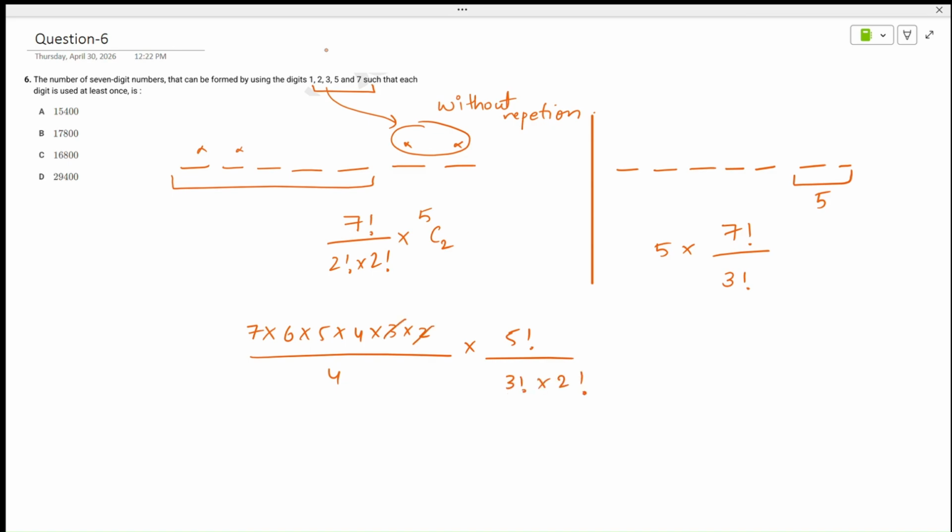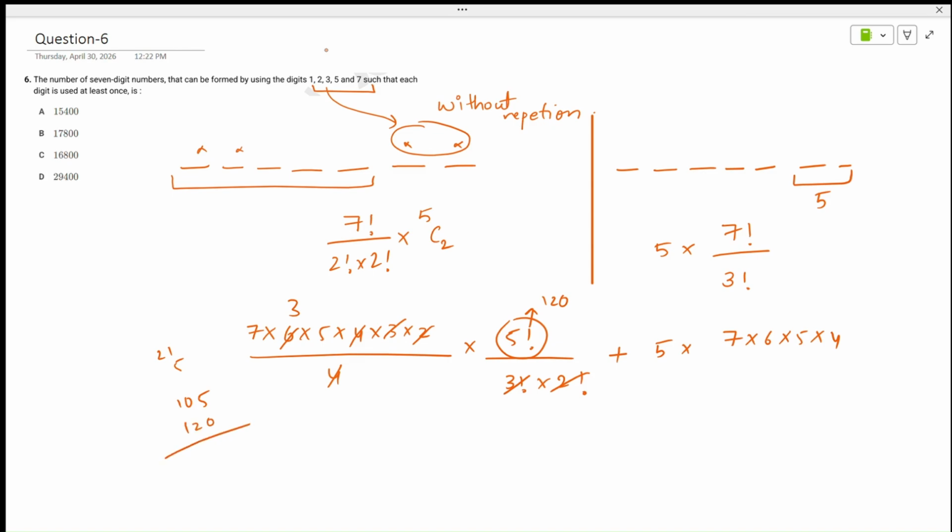So 3 into 2, 3 factorial gets cancelled, 4, 4 gets cancelled, 2 and 2 threes plus here 5 into 7, 6, 5 and 4. Let us multiply these numbers. You will get 5 factorial is 120, 120 into 21 into 5. 21 into 5 is 105 into 120.